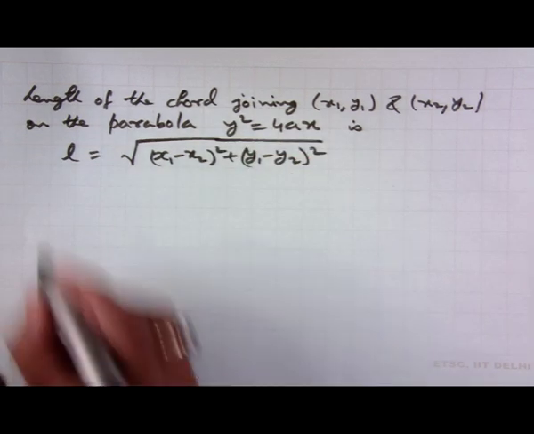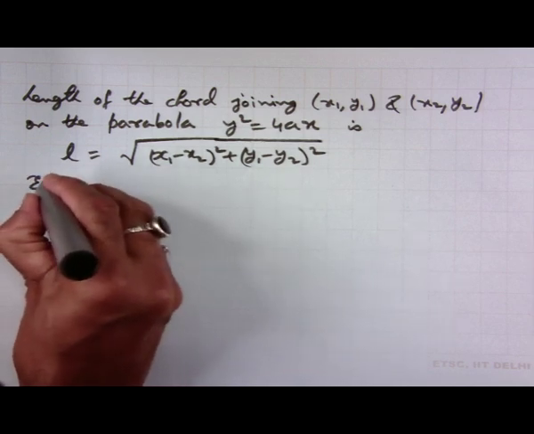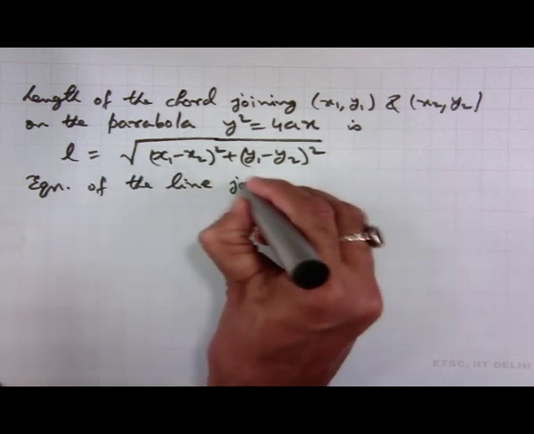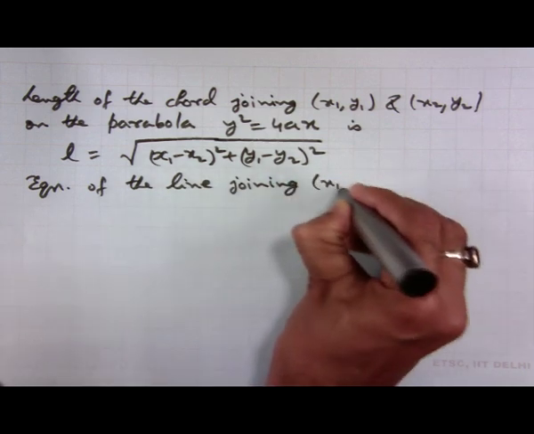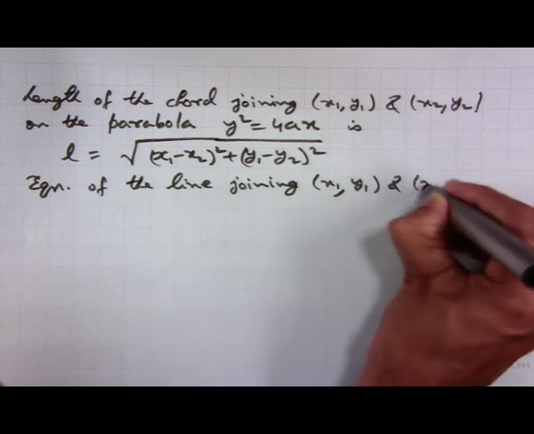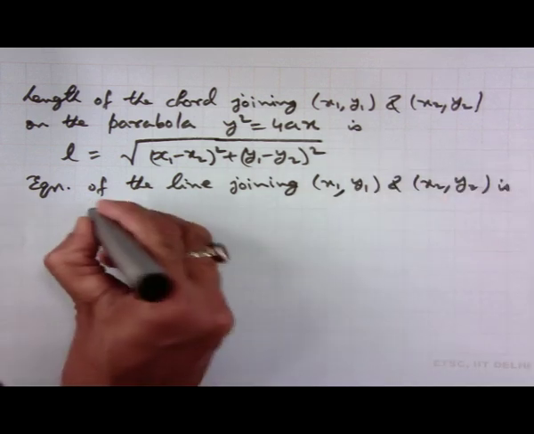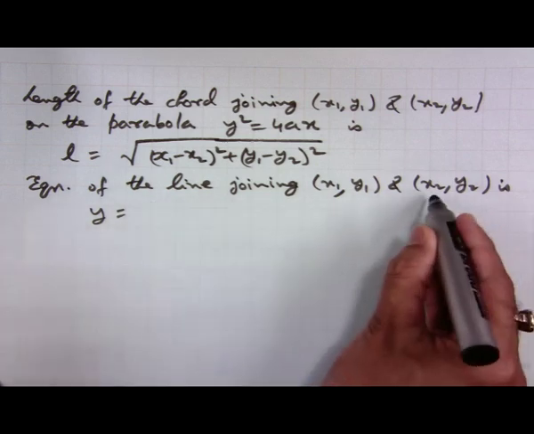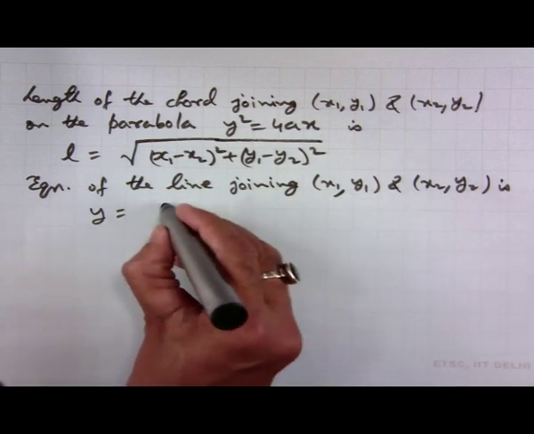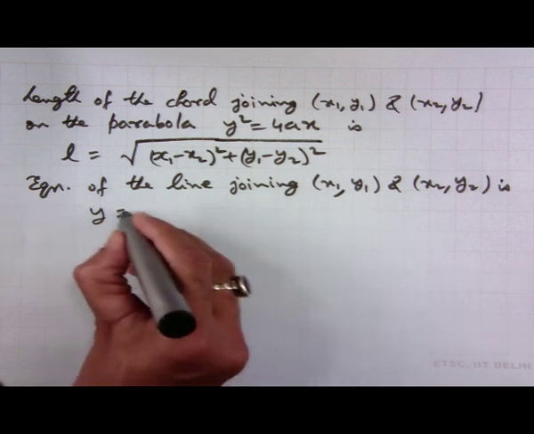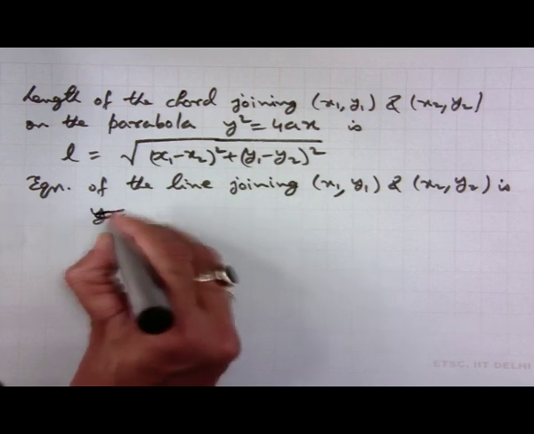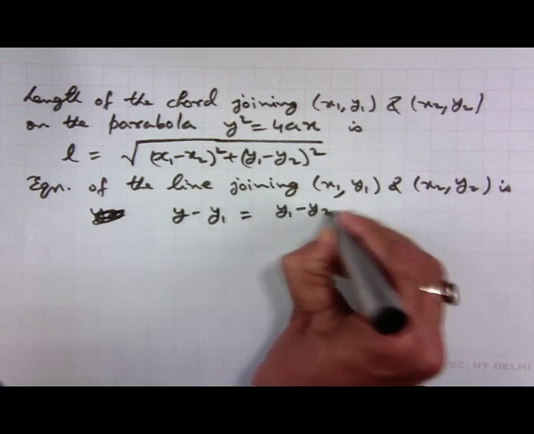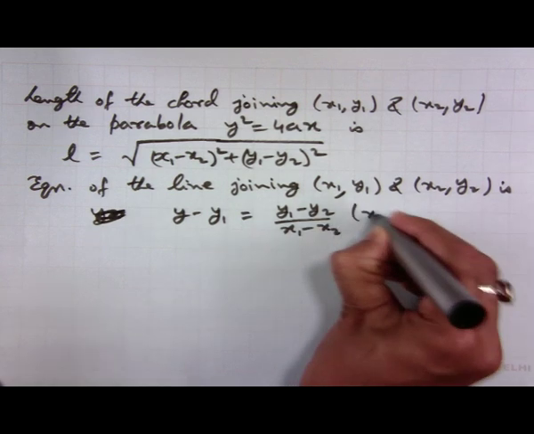Now, what we know is that the equation of the line joining x 1, y 1 and x 2, y 2 is, let me write in the form, y minus y 1 equal to the slope, y 1 minus y 2 by x 1 minus x 2, times x minus x 1.